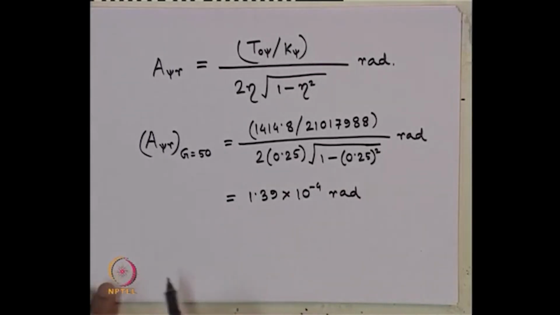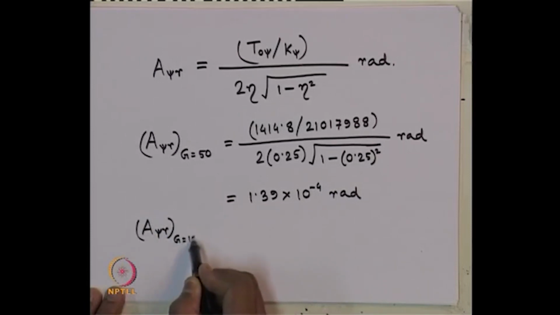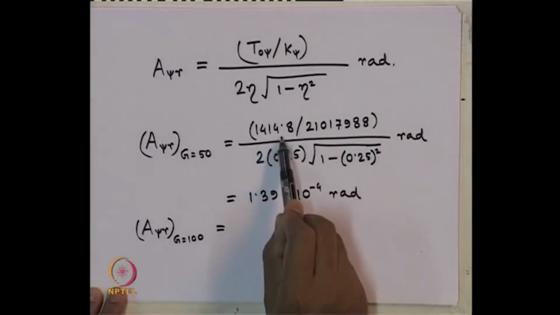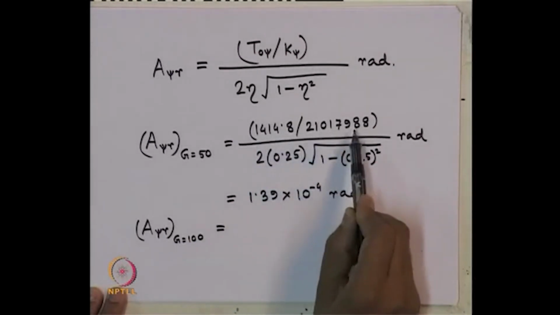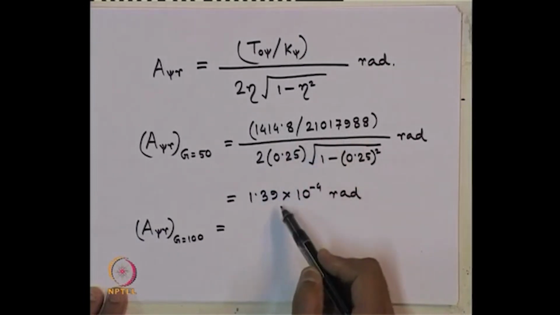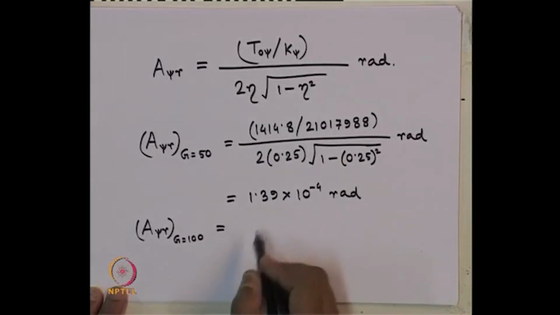Okay. And for other two cases, at G equals to 100, the changes will be, this remains same, K psi will become double, this remains same. So, it will basically linearly decrease by half from this value.